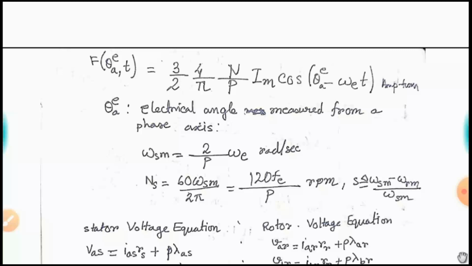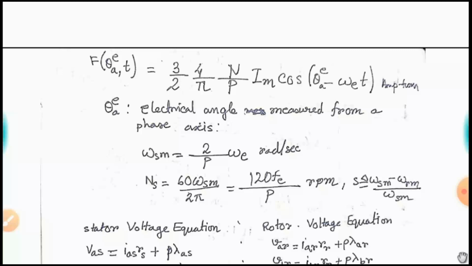So this is the stator MMF, and we all know omega sm, the mechanical speed of our stator rotating magnetic field. Please listen carefully, it's not the rotor speed. You cannot observe or measure this speed from the outside, but inside, your electromagnetic field, your MMF, is rotating at a speed of omega sm, that is 2 by capital P times omega e.